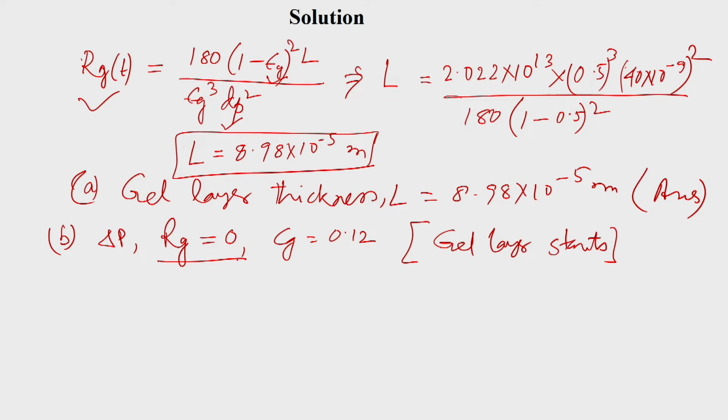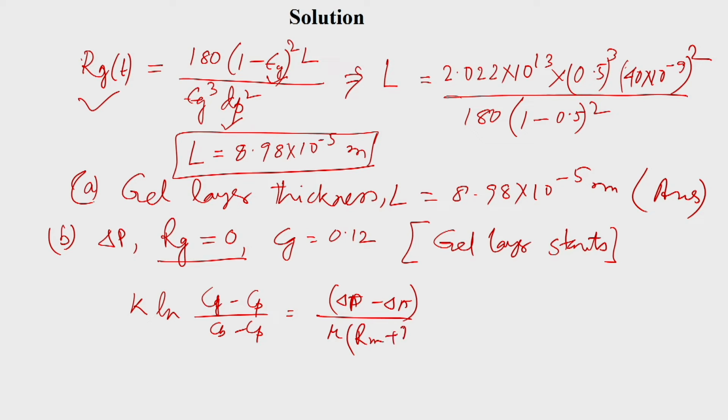So, we will put this in the equation to get delta p, because delta pi will be the same for the same system. Using the same formula, k into ln of (C g minus C p) by (C b minus C p) is equal to (delta p minus delta pi) by mu into (R m plus R g).